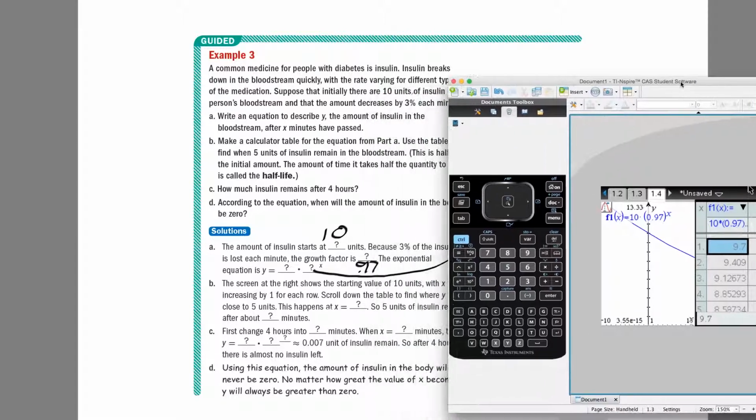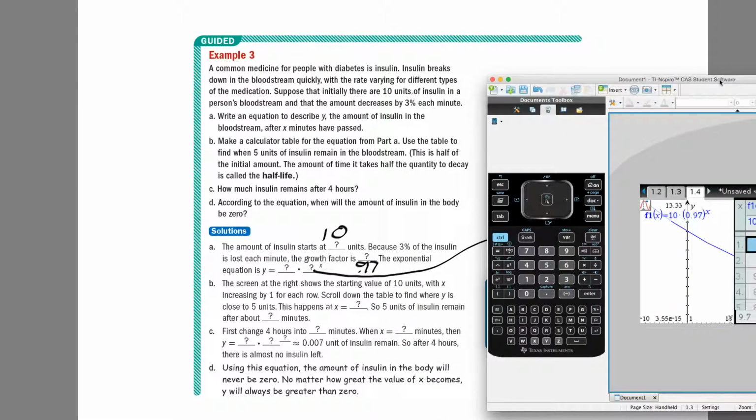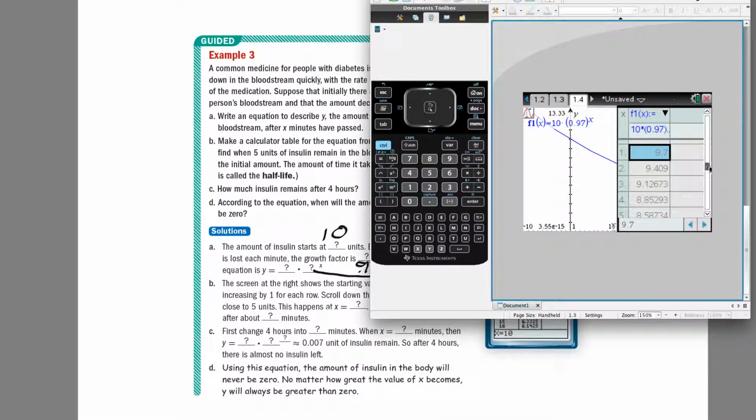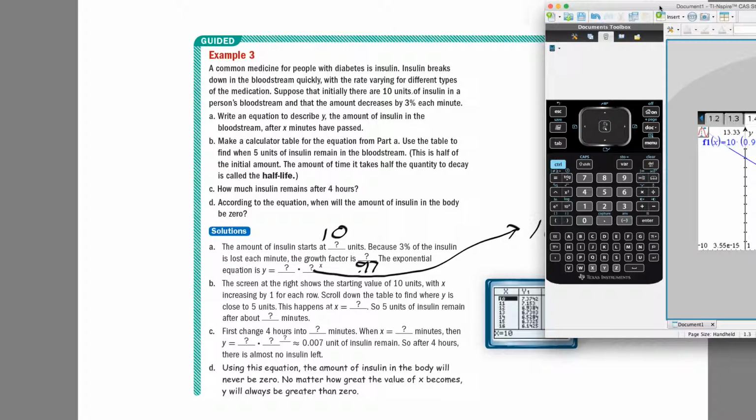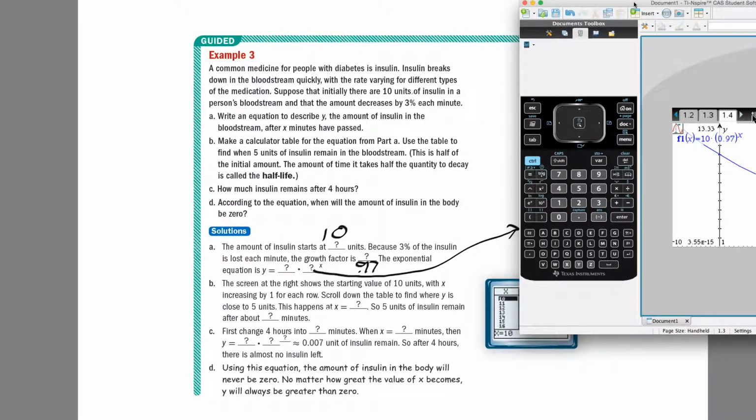So what are we being asked? When we want to know when there's 5 units left, we'll scroll this down, and we'll keep going till it looks like at 23, or was it 22? So between 22 and 23 is where we had a change, so I guess at 4.96 is pretty much 5.